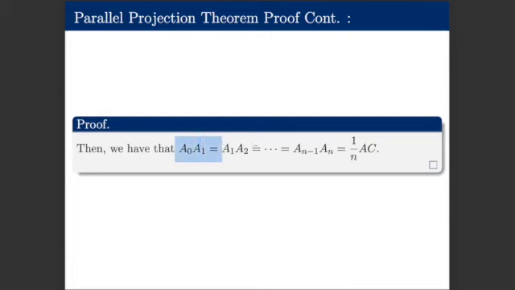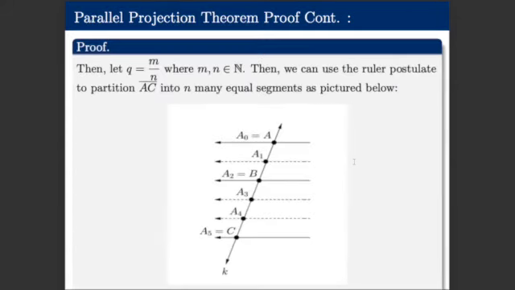Then we also have this formula: A0A1 is equal to A1A2, and so forth, all the way till we get to the last two points, which would be A sub n minus 1 to An. And overall, this distance between each defined point is the same distance as the segment AC divided by n, which is clear to get since AC is divided into n many segments.